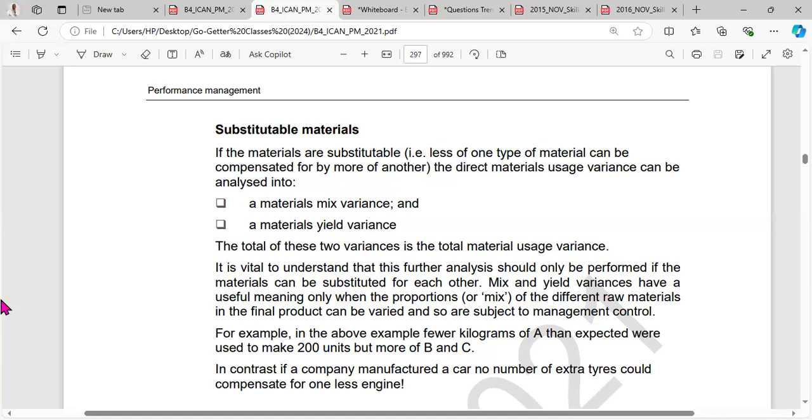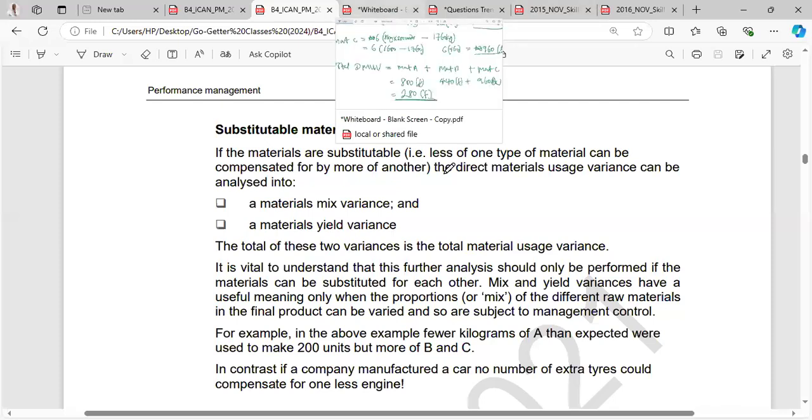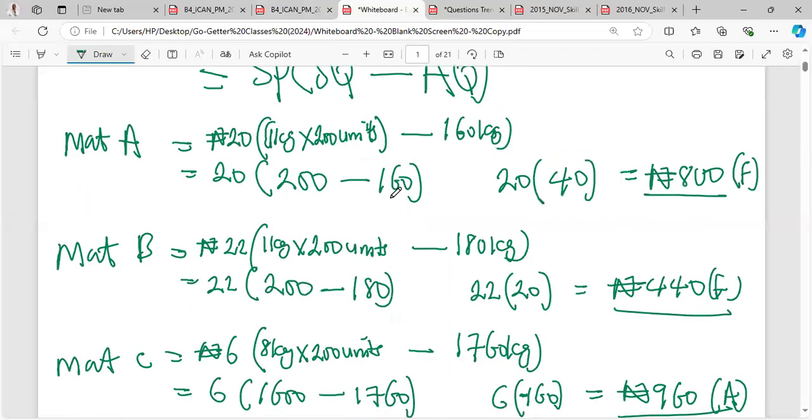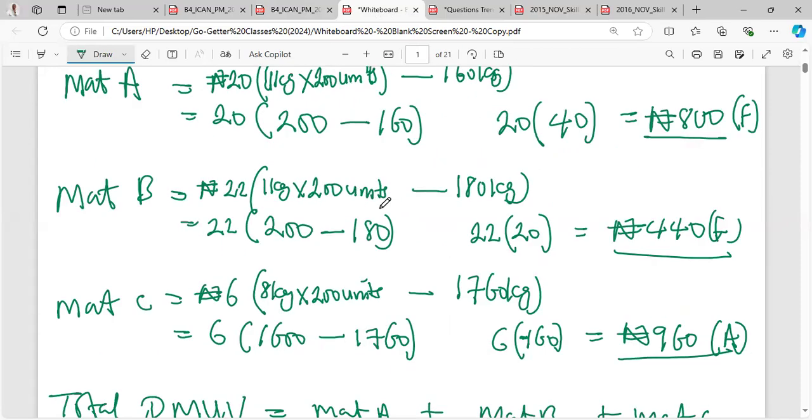For example, in the above example, fewer kilograms of A were expected to make 200 units, but more of B and C. If you look at material A, we only required 160 to make A, but look at B, we required 180, and C was much more.